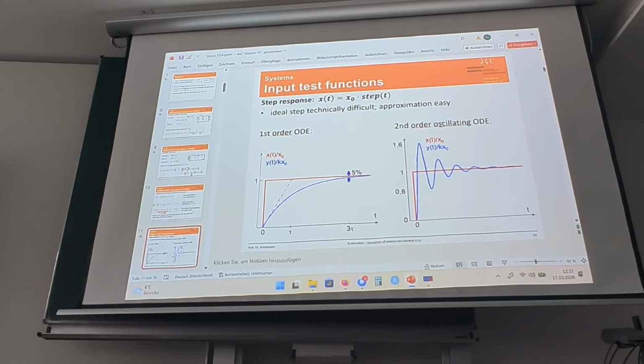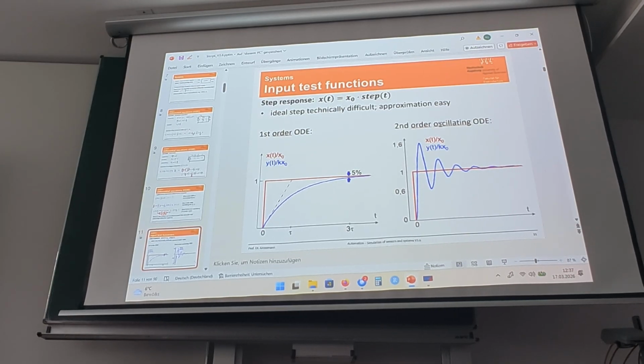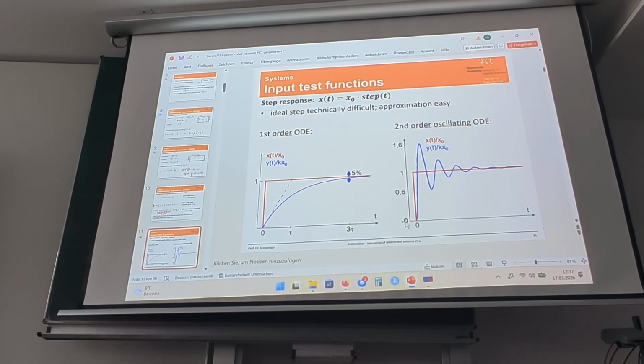For a second order and oscillating system, the step response is a bit more complicated. We see here an oscillation. The frequency is not exactly the omega 0, it's normally smaller than omega 0, but it's in the order of, around omega 0.